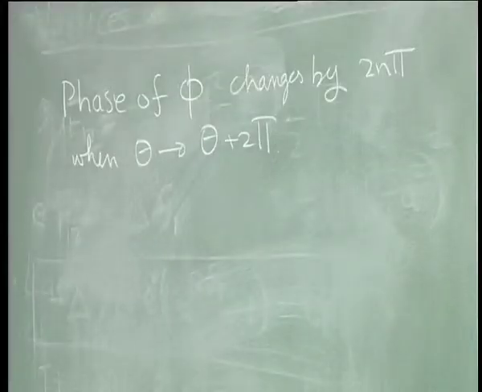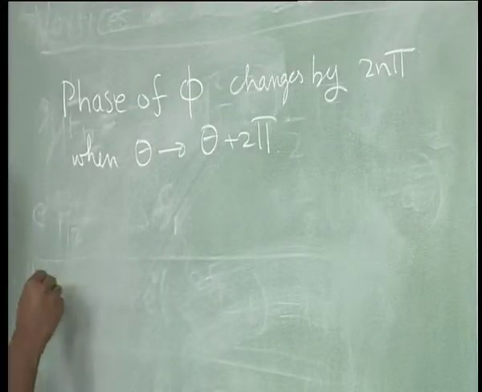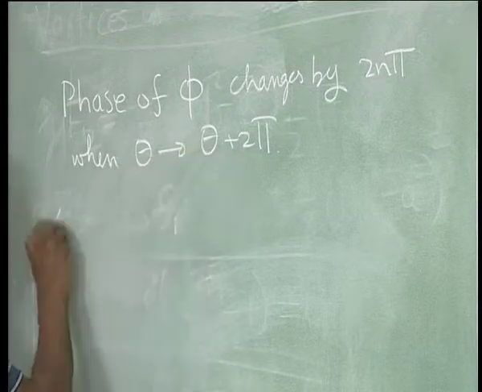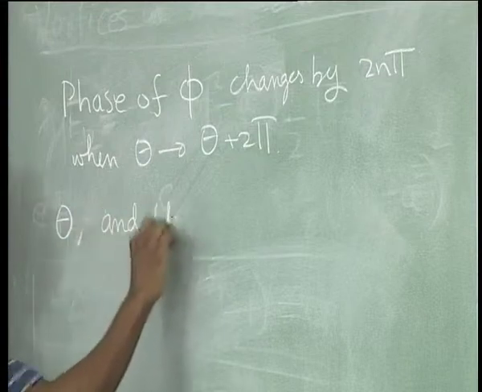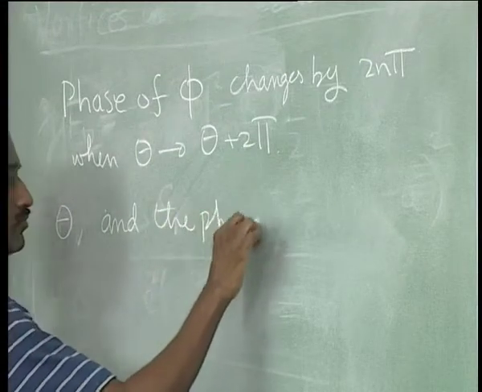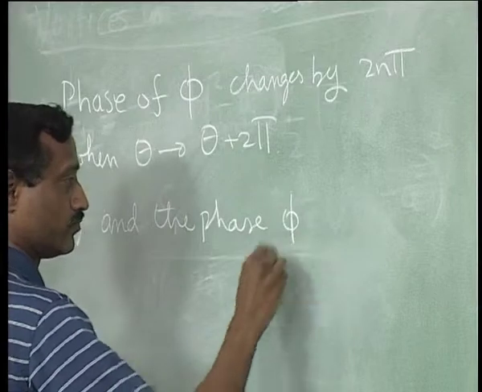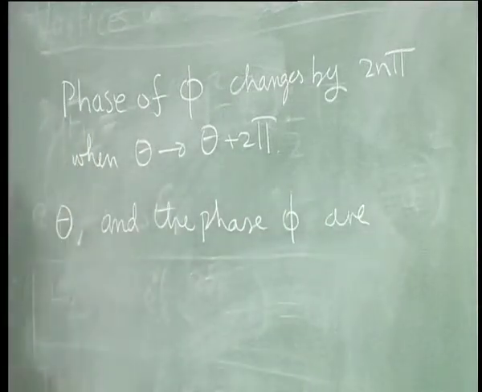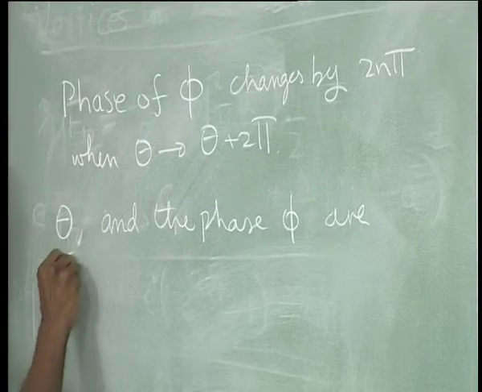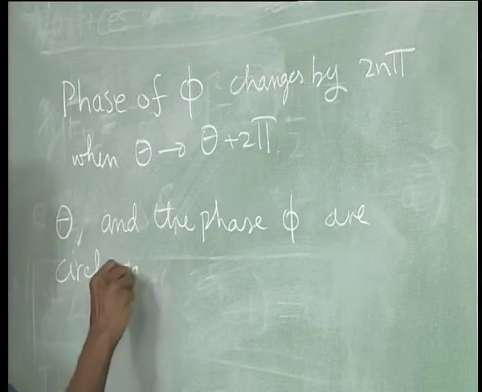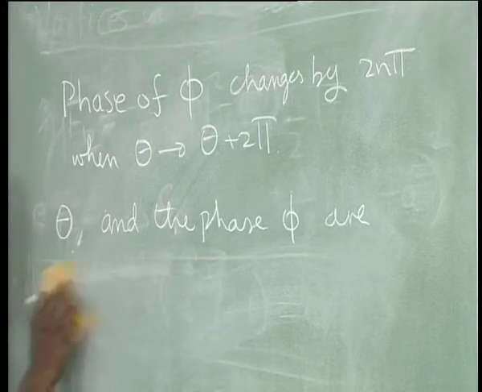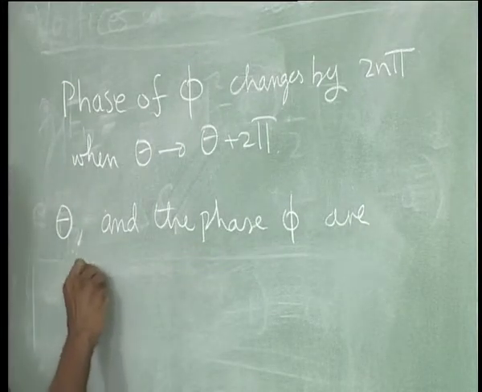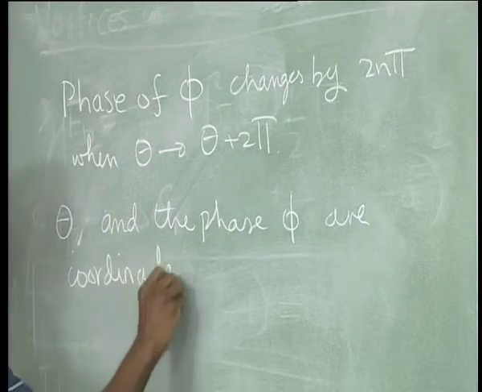Okay. So, the theta and the phase of phi are circle valued objects, in the sense that they are periodic. They are coordinates on a circle. That is just much more obvious.